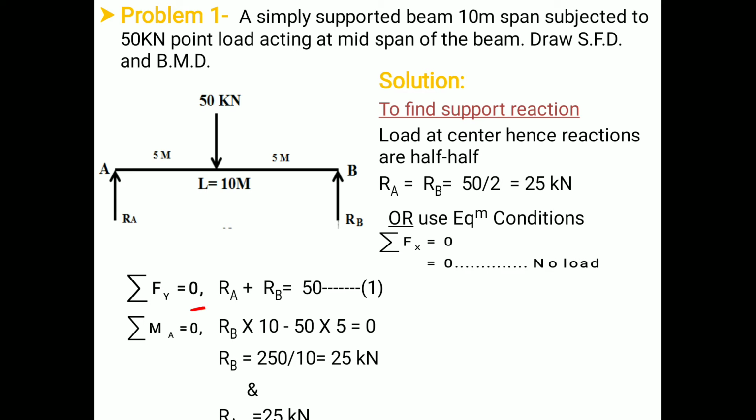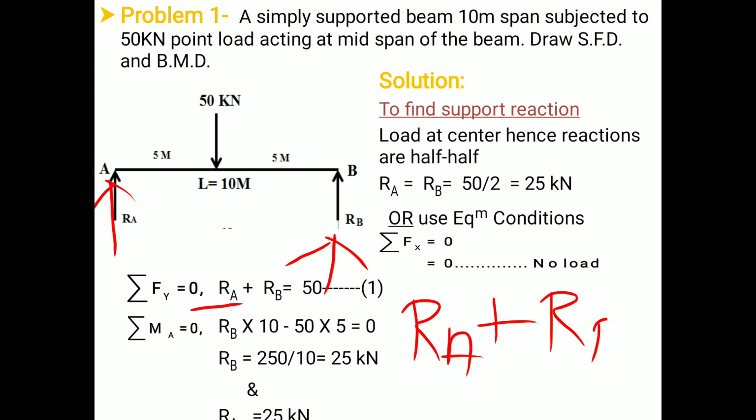So this RA which is acting in upward direction will be positive, this RB which is acting in upward direction will be positive, and this 50 kilonewton which is acting in downward direction will be negative, and therefore it will be RA plus RB minus 50 kilonewton, which is equal to 0 because the summation of Fy is equal to 0.